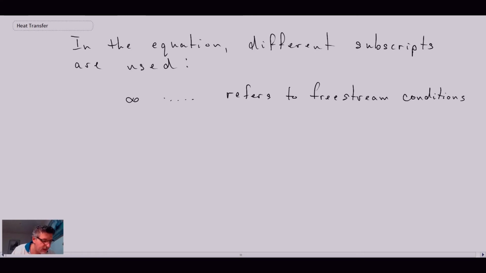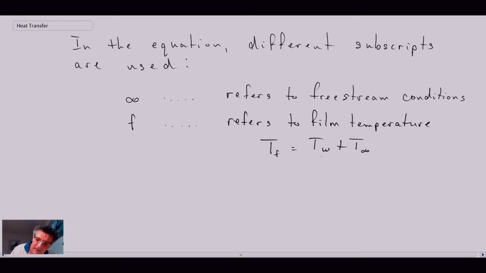That's free stream conditions. f denotes the film temperature. And we'll use this quite a bit in heat transfer. Oftentimes properties, we're told to evaluate them at the film temperature. The film temperature is just the wall temperature plus the free stream temperature divided by 2. And I just said it, w, that is the wall temperature.